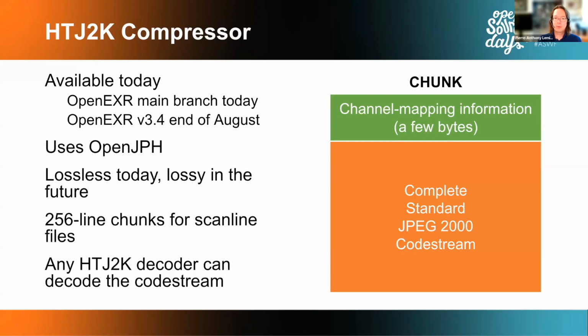It's a completely independent code stream, so it's an independent image, as well as a couple of bytes of channel mapping information. 256 seemed to be a pretty reasonable compromise between avoiding the overhead of header metadata, but also providing concurrency for scanline files. And one of the cool things here is, any HTJ2K decoder can decode the standard JPEG 2000 code stream that's stored in OpenEXR files.